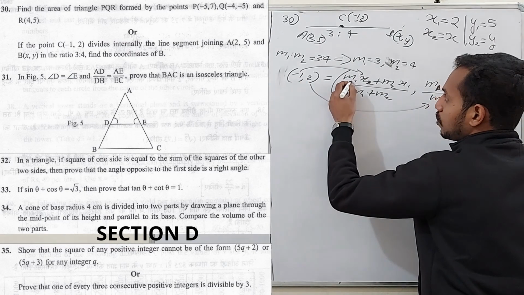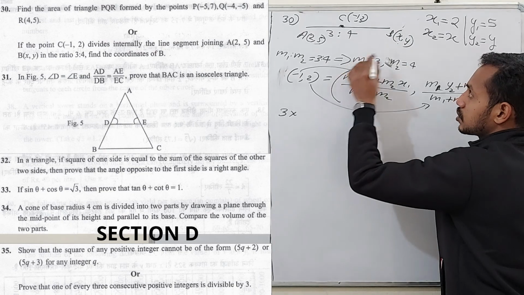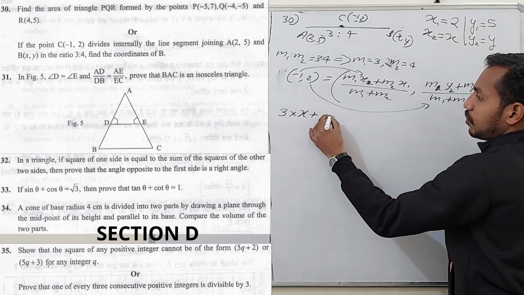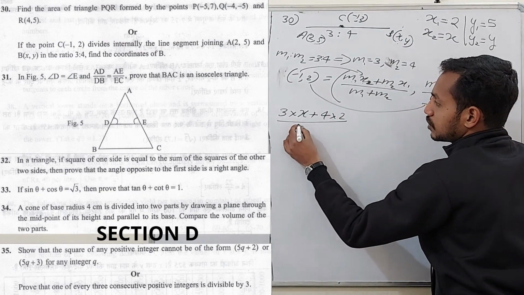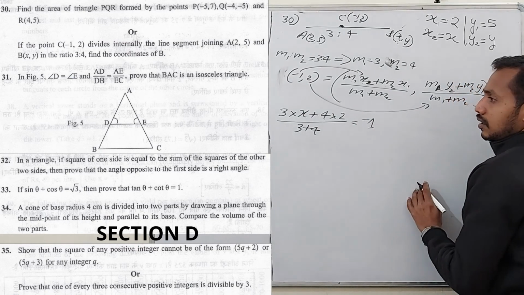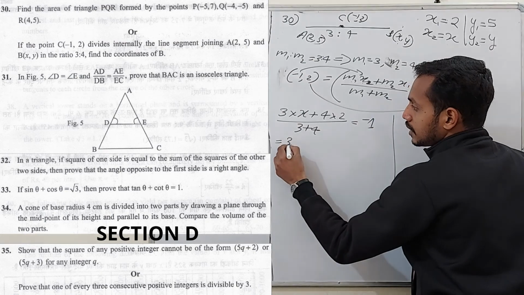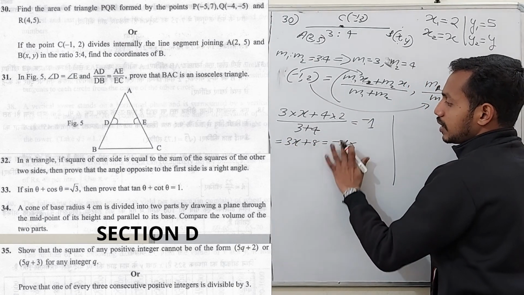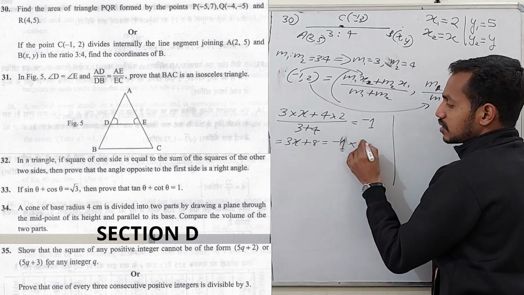Then what is m1? m1 is equal to 3. So 3 into x2, which is x, plus m2 which is 4, 4 into x1 which is 2, divided by m1 plus m2, which is 3 plus 4, is equal to minus 1. Solving this equation, what do we get here? 3x plus 8 is equal to minus 1 into 7, since 3 plus 4 is 7.